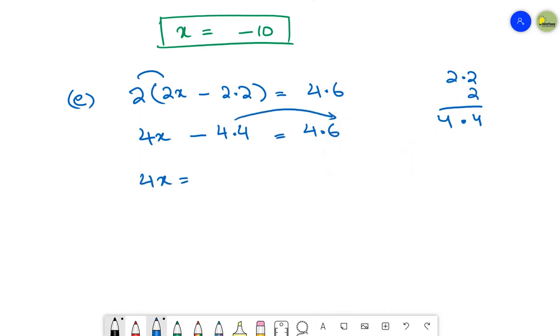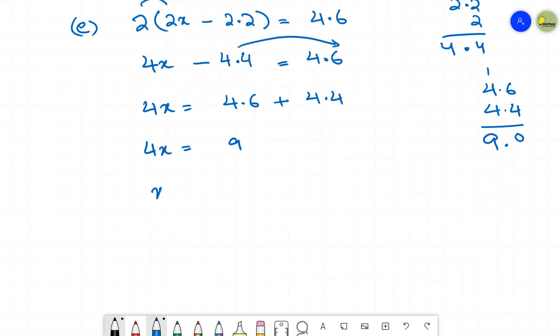It will be 4.6 plus 4.4. If I add both the numbers, 4 and 6 gives you 10. 1 and 4 and 4, it will be 9.0. So 4x equals, either you can write 9 or you can write 9.0.